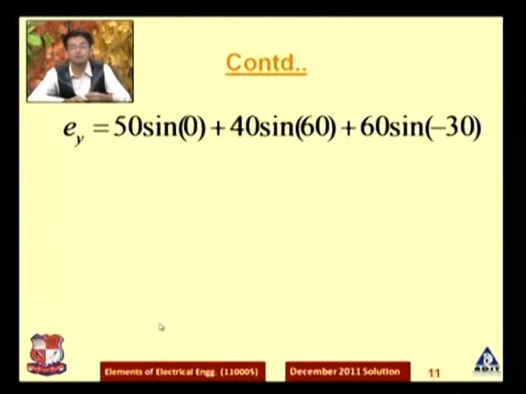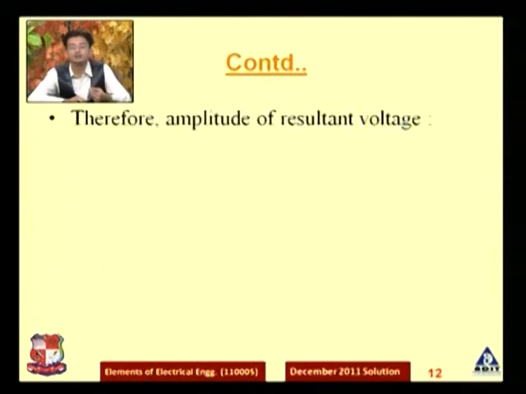For the y component, in the same way you have to consider the sine of the angle of each EMF. So it is 50 sin 0 plus 40 sin 60 plus 60 sin(−30). By solving this, your answer will be 4.64 volt, right? Now let us find the resultant of this Ex and Ey.